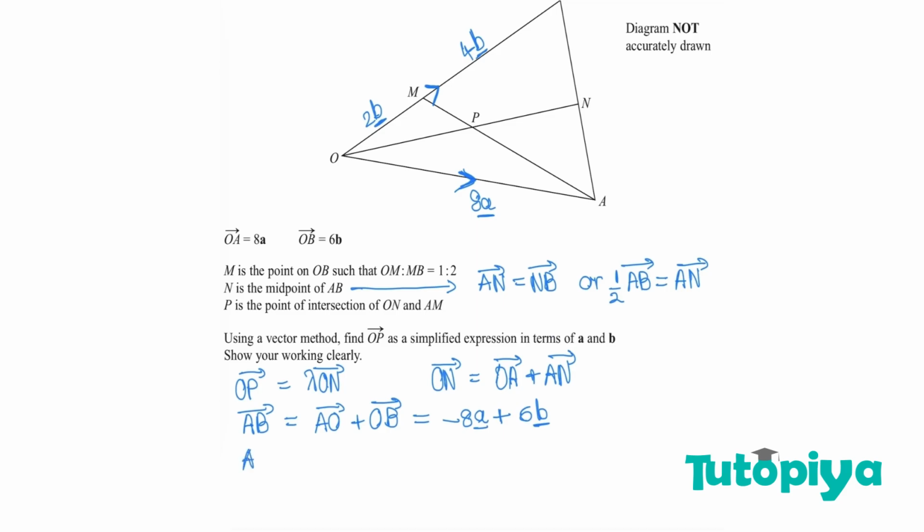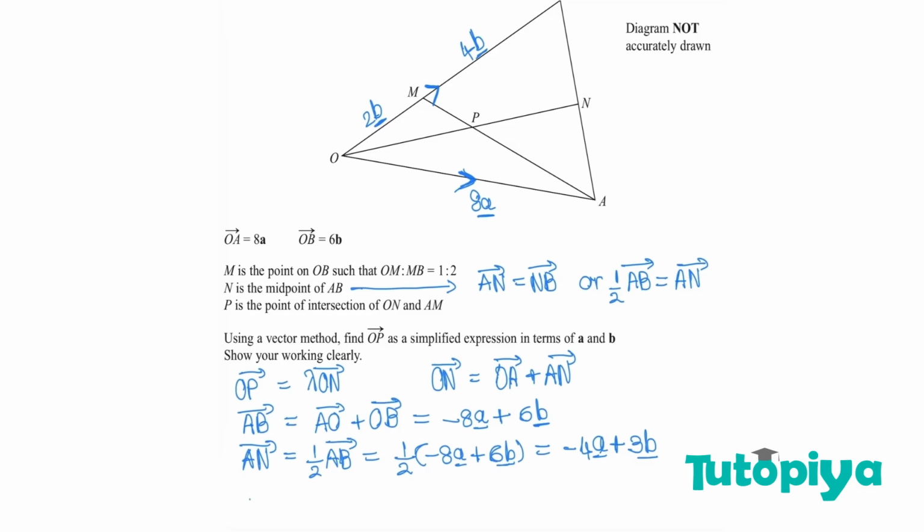From this, now I can work out that AN is basically half of AB. So I am going to write half open bracket negative 8A plus 6B close bracket. So this is going to be negative 4A plus 3B. But again, that is only AN.